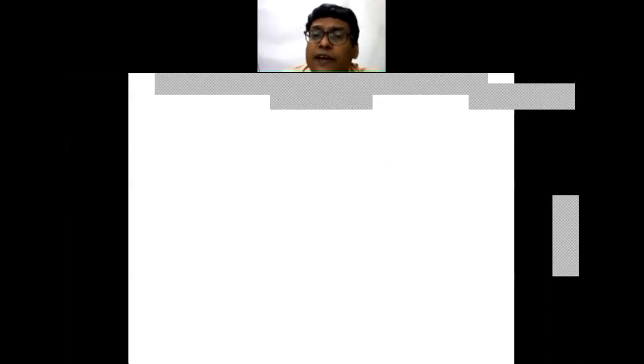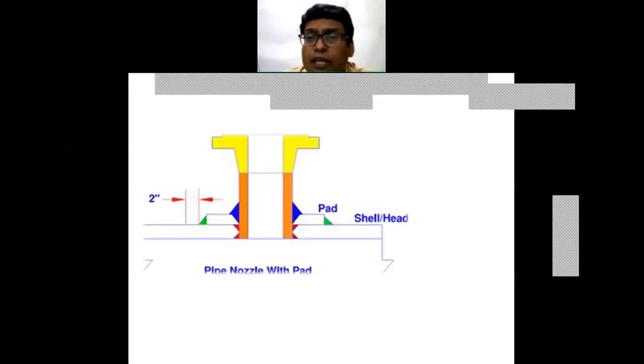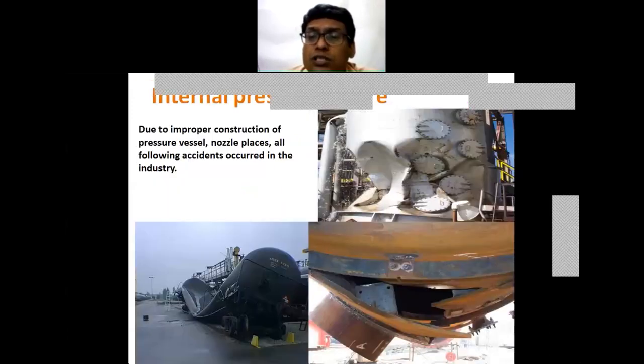Now, if the vessels are not designed properly and the nozzles are not properly allocated, then hazards can occur in the vessel. Looking at this figure, there are so many nozzles provided in this small area, and this weakened the basic shell.